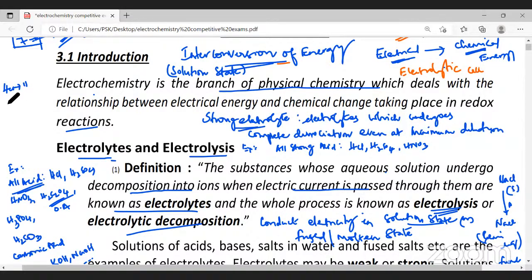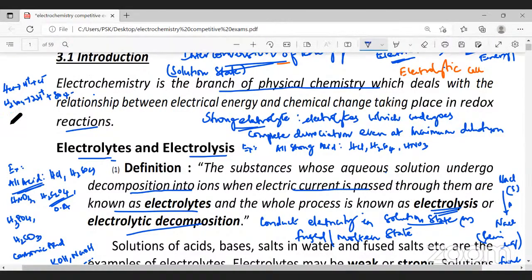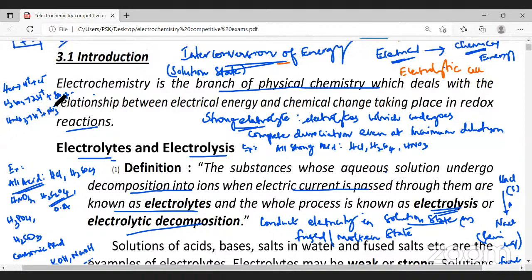Cl minus. Likewise, H2SO4 also will dissociate to form 2H plus and SO4 2 minus. Likewise, nitric acid also will undergo dissociation to form H plus and NO3 minus. So even though you take little amount of water, the dissociation of these acids is complete. Therefore, these kinds of acids are called strong acids. So strong acids are examples for strong electrolyte. Likewise, all strong bases.